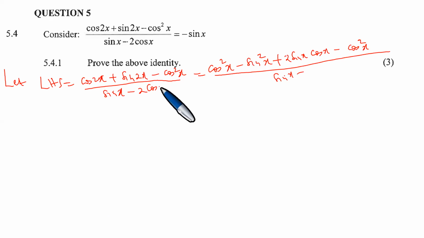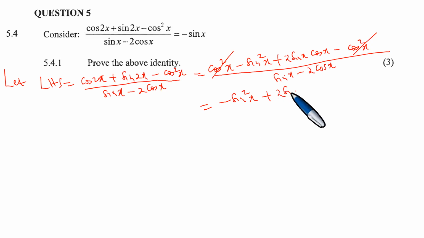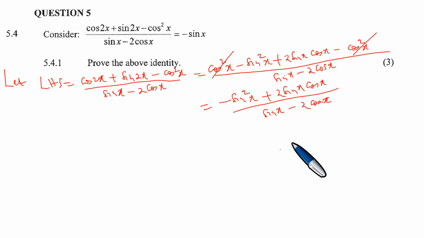Sine squared and cosine squared cancel out, and they leave us with minus sine squared x plus 2 sine x cosine x. You divide everything by sine x minus 2 cosine x.